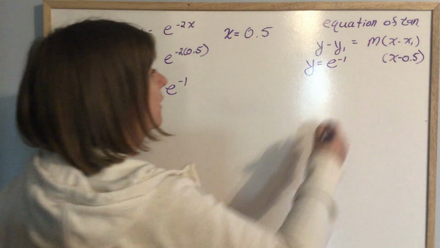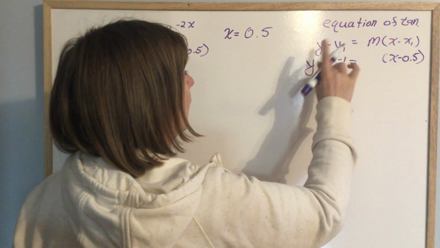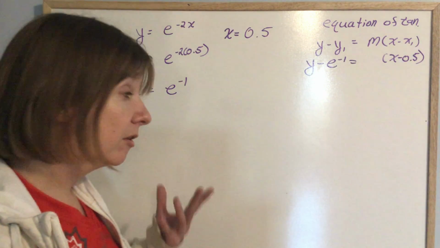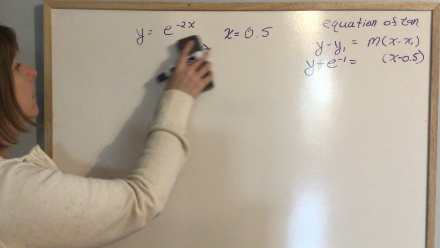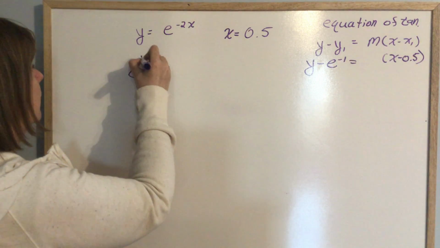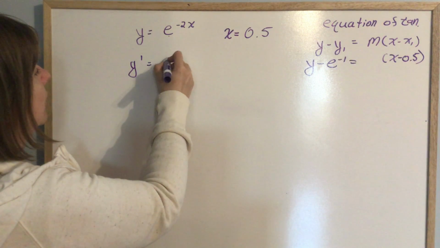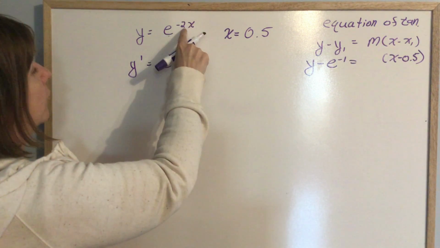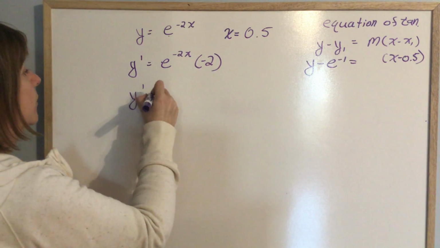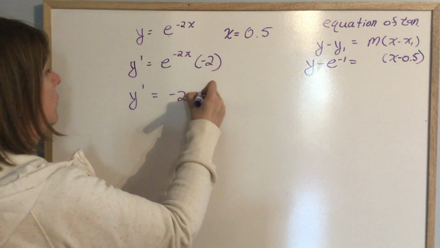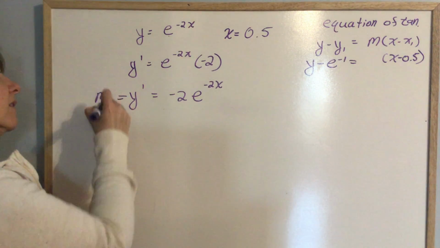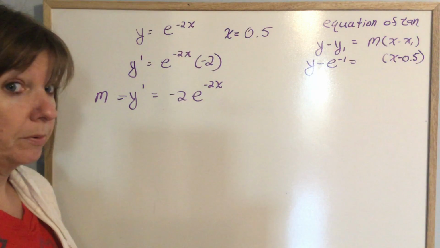Now we need the slope. The slope means we need the derivative. So the derivative of e is e, and the derivative of negative 2x is negative 2. So the derivative is negative 2e to the negative 2x, which means that is the slope.